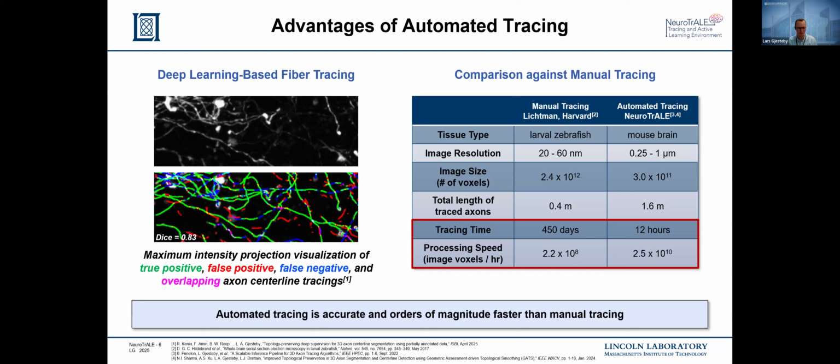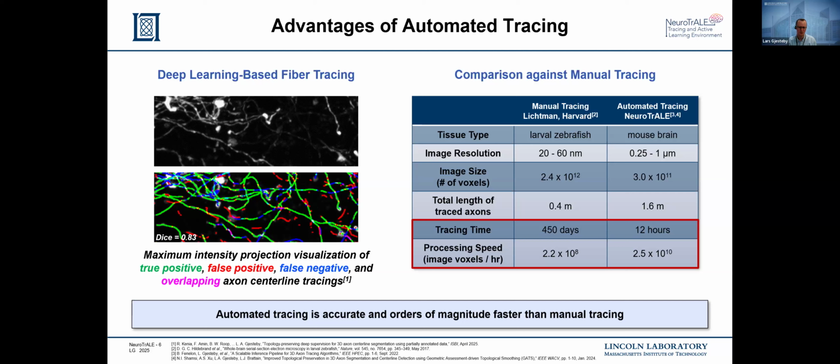So an example on the left shows the imagery and then the outputs of a 3D U-Net. And this is evaluated using the DICE segmentation score, as well as qualitatively looking at where there's true positive agreement with manual gold tracing truth.